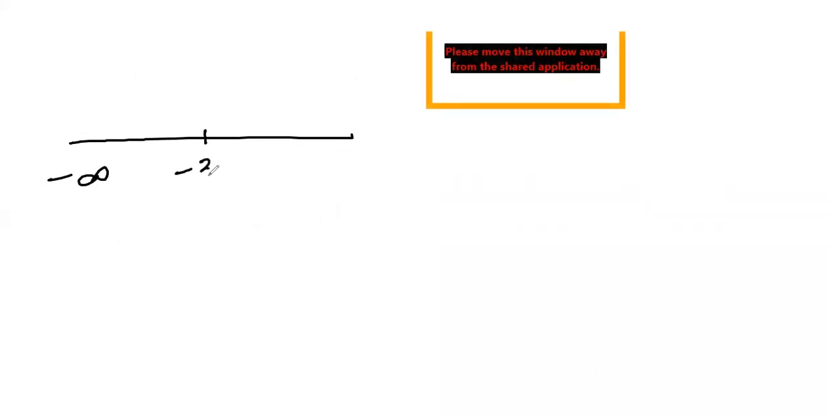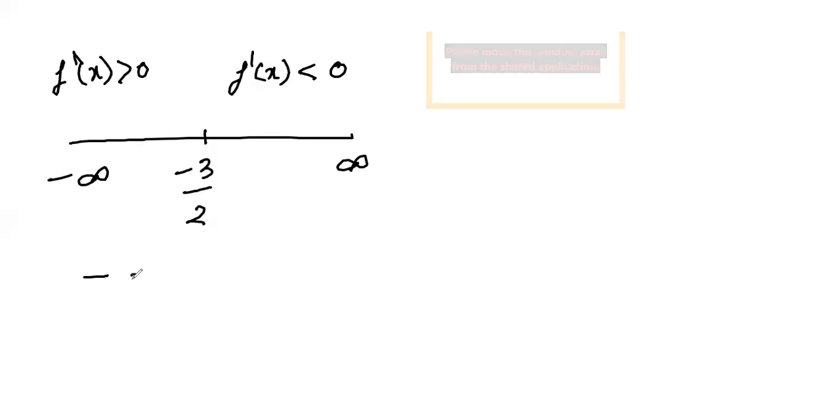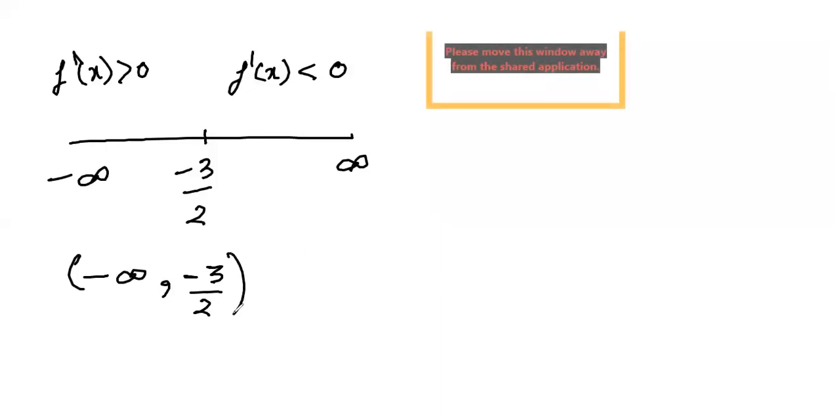Okay. So what we have seen: minus infinite, minus 3 by 2, and plus infinite. From f dash x, here it is greater than 0, and here f dash x is less than 0. So from minus infinite to minus 3 by 2, the function is increasing.